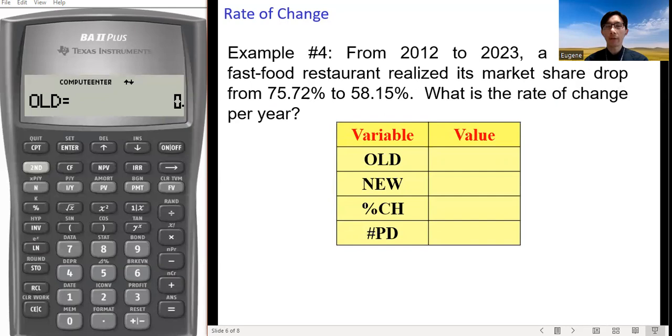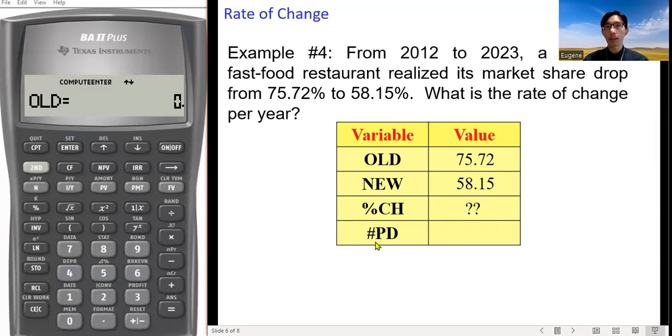The value of the variable O, 75.72. Variable new, the value is 58.15. The variable percent CH, we need to compute it. We need to find the rate of change per year.